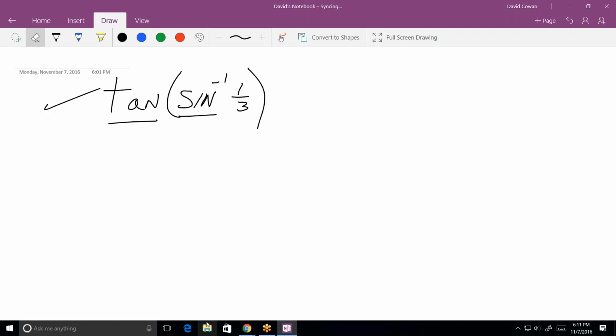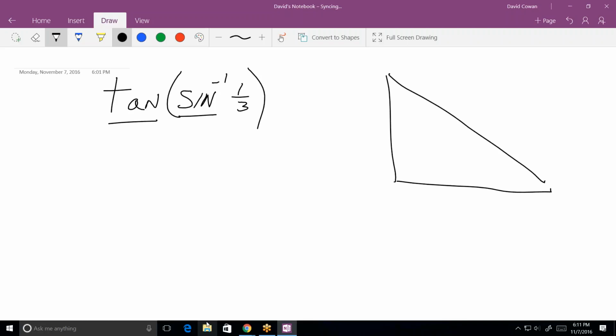And the way you have to do it is draw the triangle, label theta, make that side 1, that side 3. Well, that makes this square root of 8, or 2 root 2, by the Pythagorean theorem. Now, I know what that angle is.